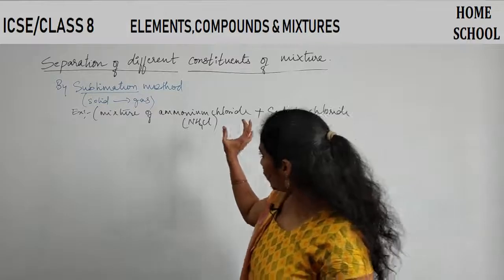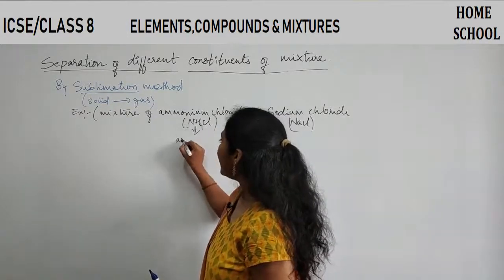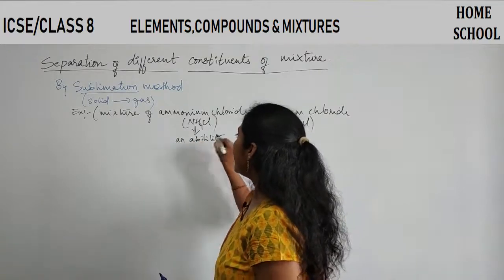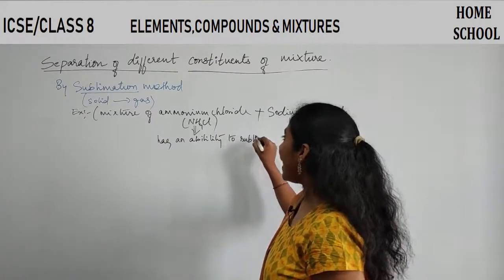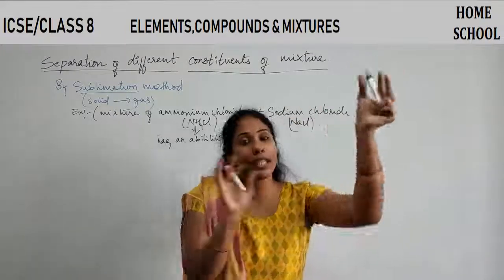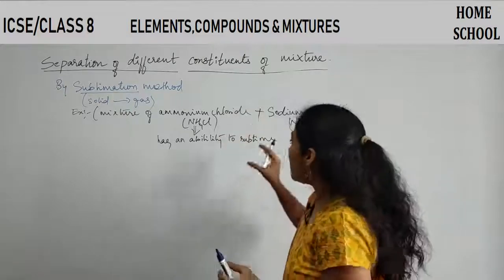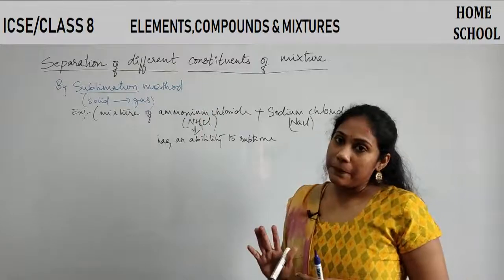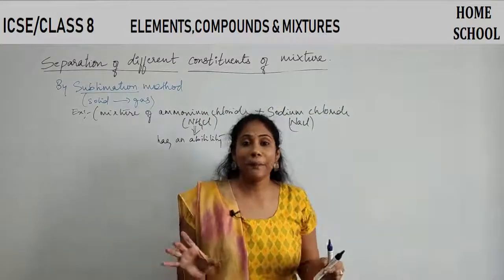You know what is the special property of ammonium chloride? It has an ability to sublime. That means it can directly convert from its solid state to gaseous state. So we use this property of ammonium chloride to separate it from sodium chloride. Sodium chloride does not have an ability to sublime.